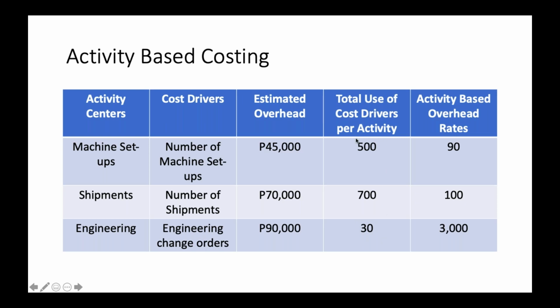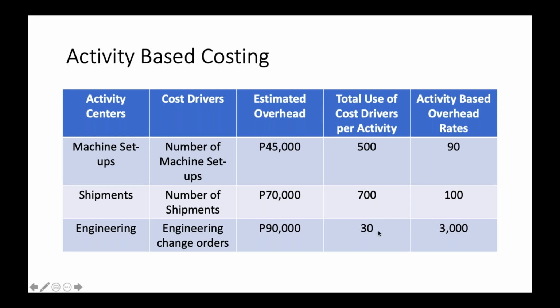So if these are the cost drivers per activity, and we divide the total estimated overhead cost by them, we will arrive at the activity-based overhead rates. So 45,000 divided by 500 is 90 pesos per machine setup. For shipment, 70,000 divided by 700 equals 100 per shipment.